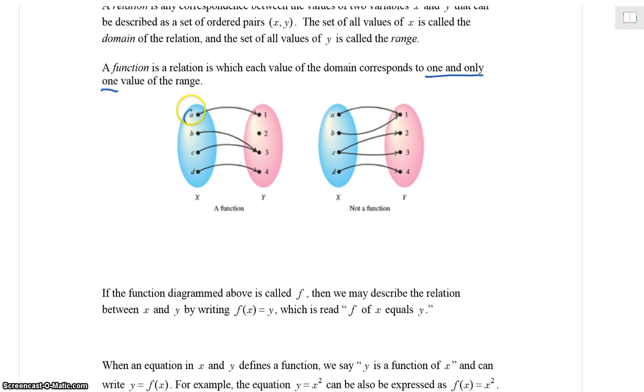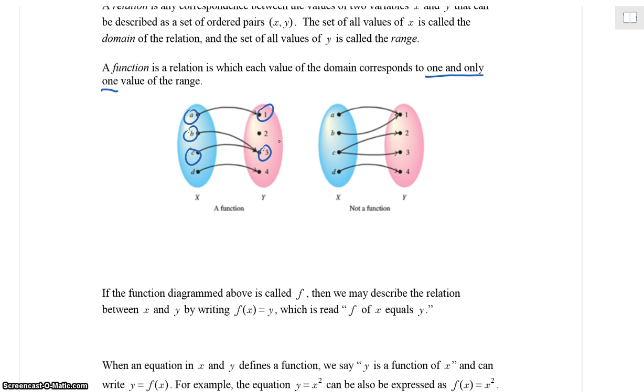element A corresponds to element 1 and only to element 1. Next element of set X, B, corresponds to 3 in set Y and only to 3. C corresponds also to 3, but only to 3.